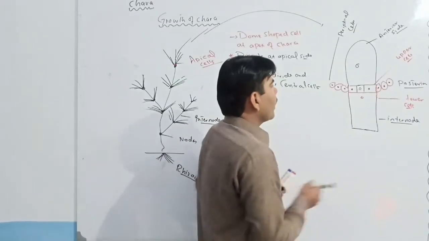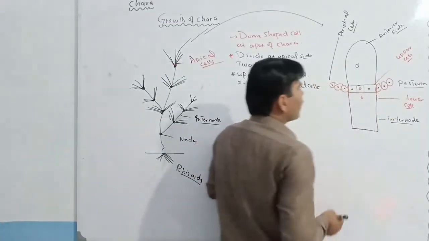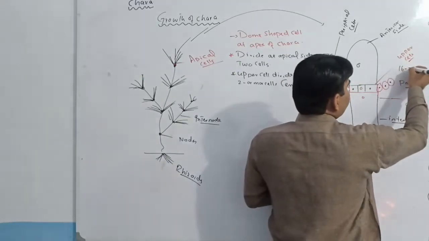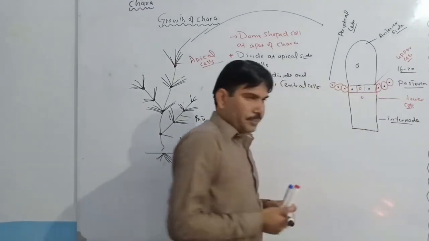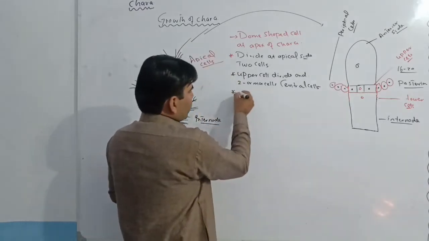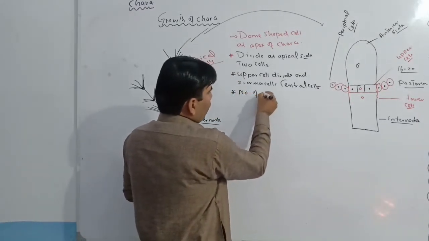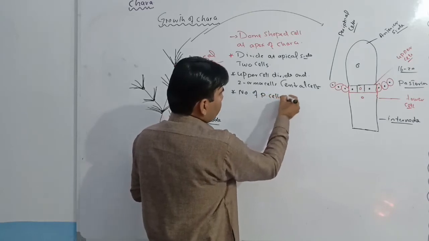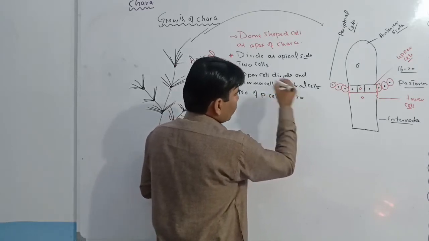But keep in mind, the number of these peripheral cells may be 16 to 20 cells. It means the peripheral cells are 16 to 20 cells. So the number of peripheral cells is from 16 to 20.